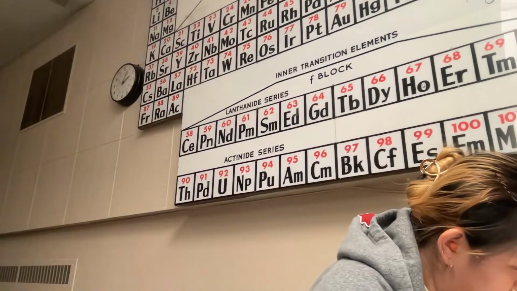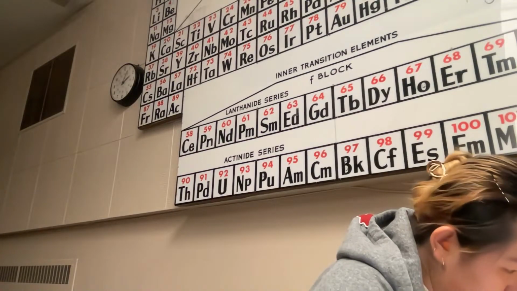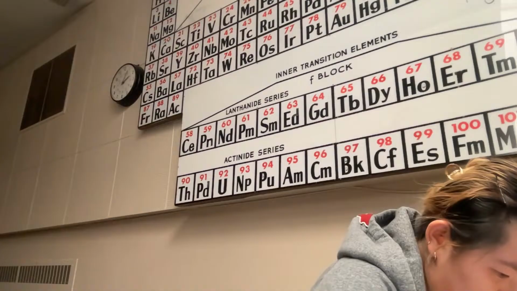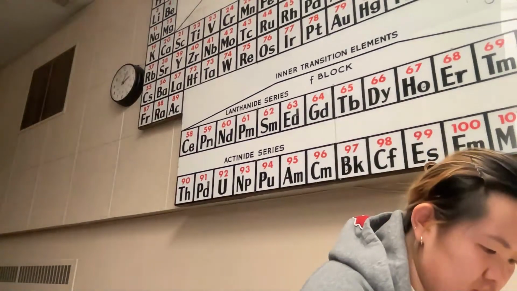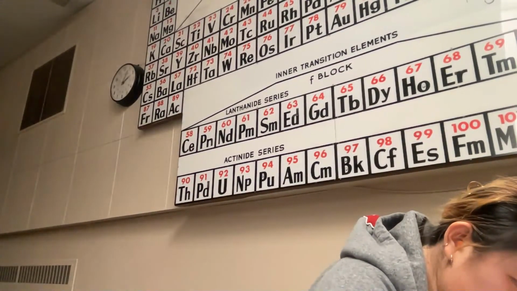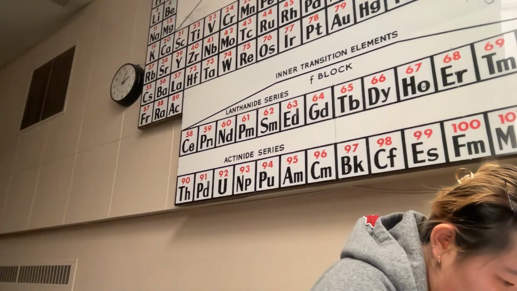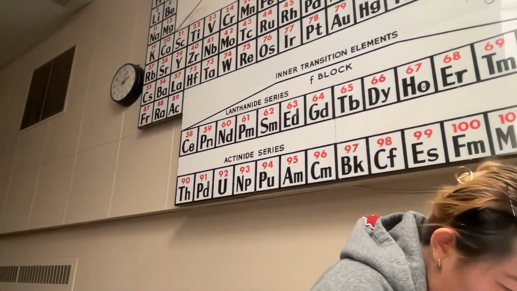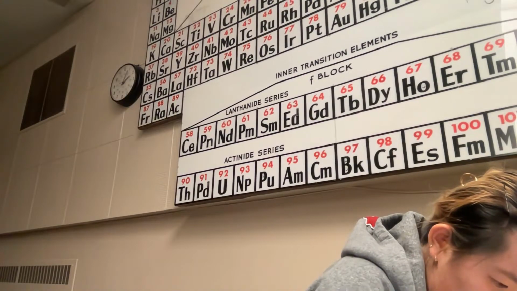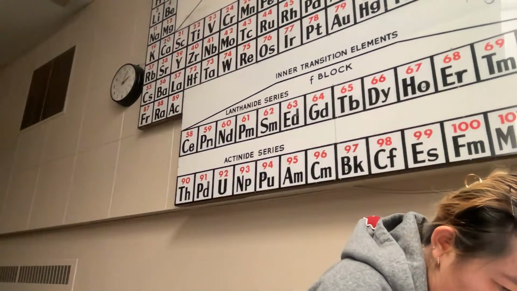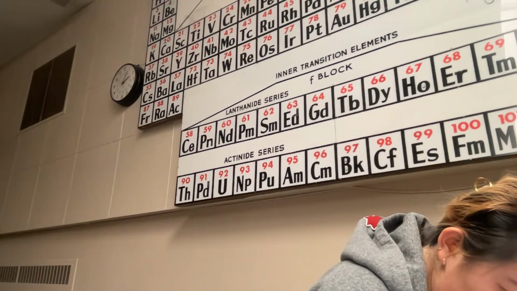And then if we have galactose, we would have CHO and the chain with CH2OH at the end.